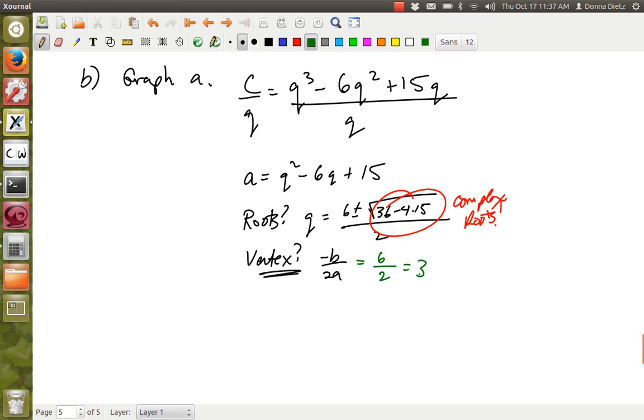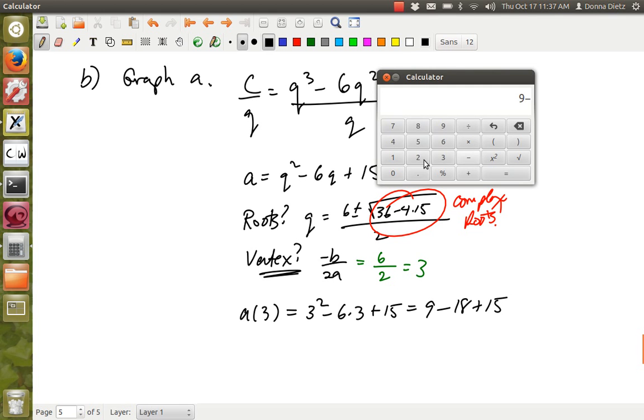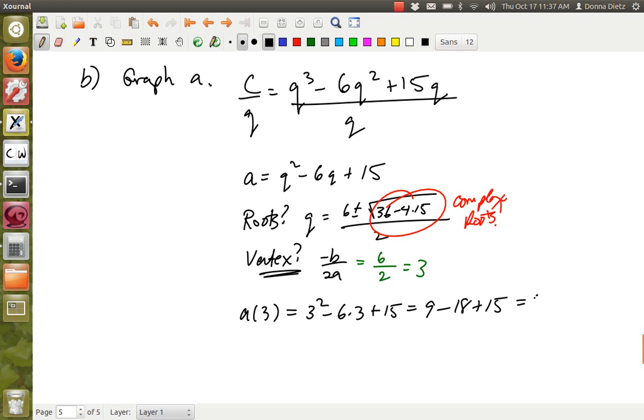The vertex is at 3, and so A of 3 is 3 squared minus 6 times 3 plus 15, which is 9 minus 18 plus 15. That is 6.